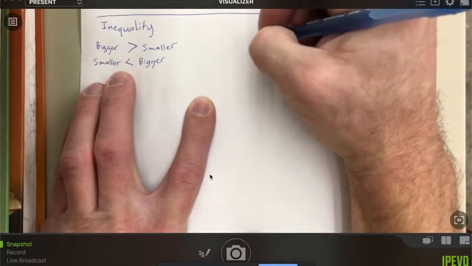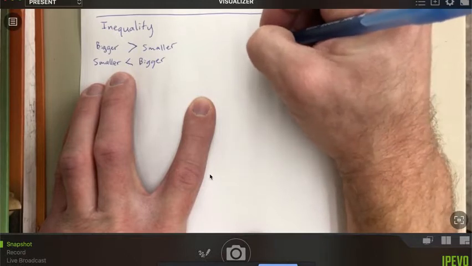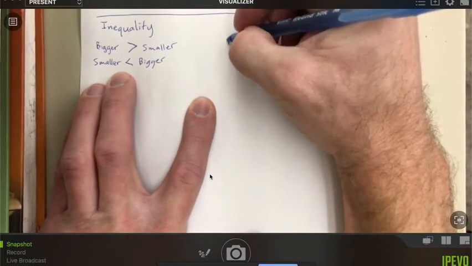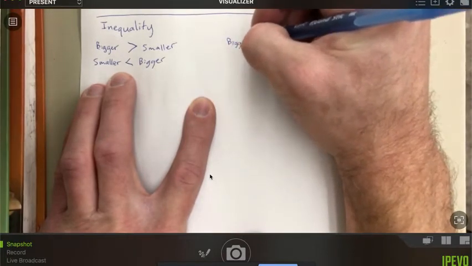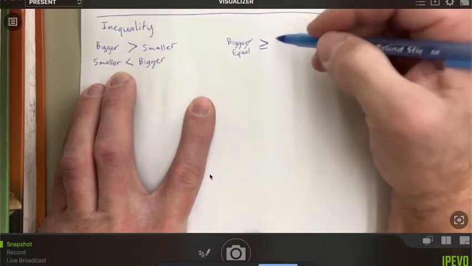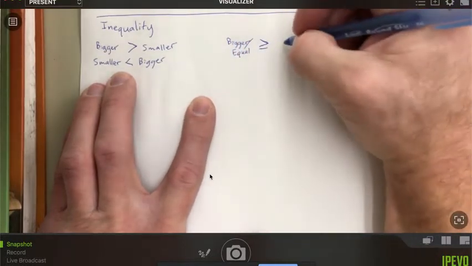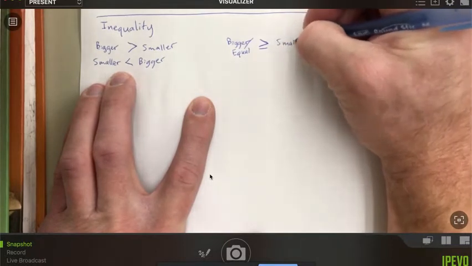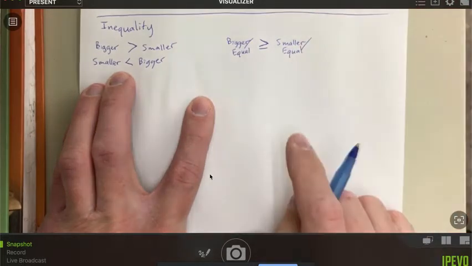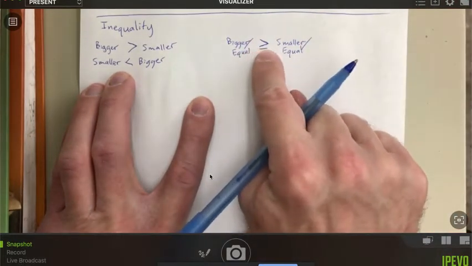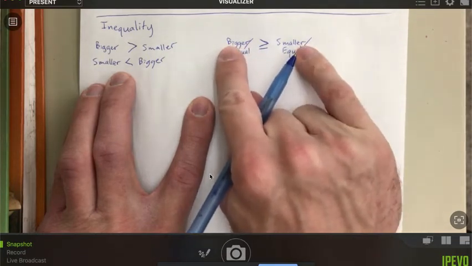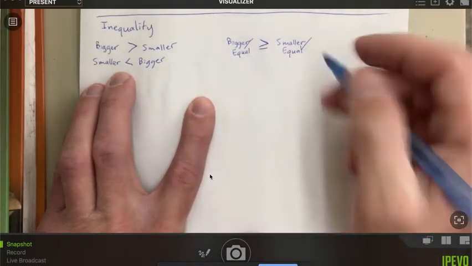All right, and then the only other thing you might have to worry about is same symbol, and all that means is this is either the bigger side or it's equal. So that's the big thing. If you see this little bar, it's saying that the numbers can be bigger, smaller, or they can be equal to each other.